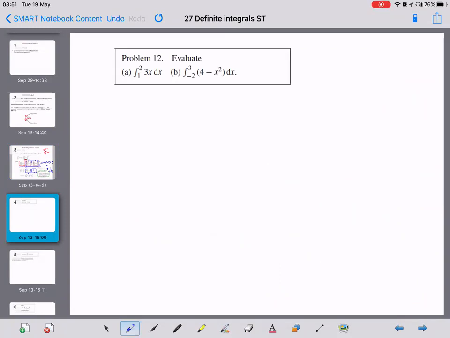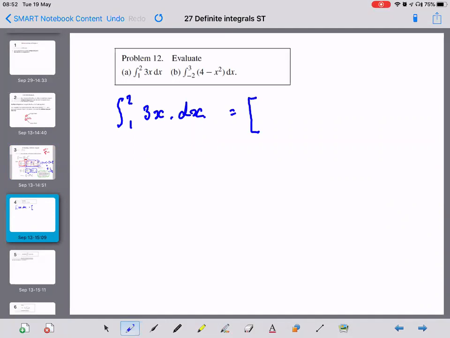Right, we're going to have a look. I'm going to work through a couple of examples now. Evaluate the integral between 2 and 1 of 3x dx. So the first thing we need to do is integrate this into some brackets.